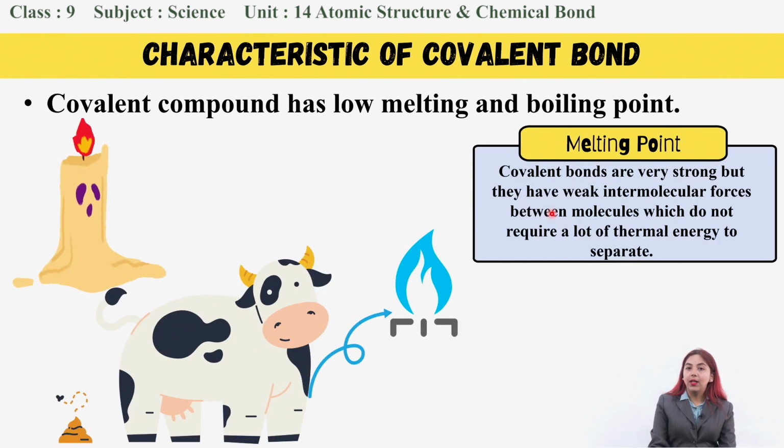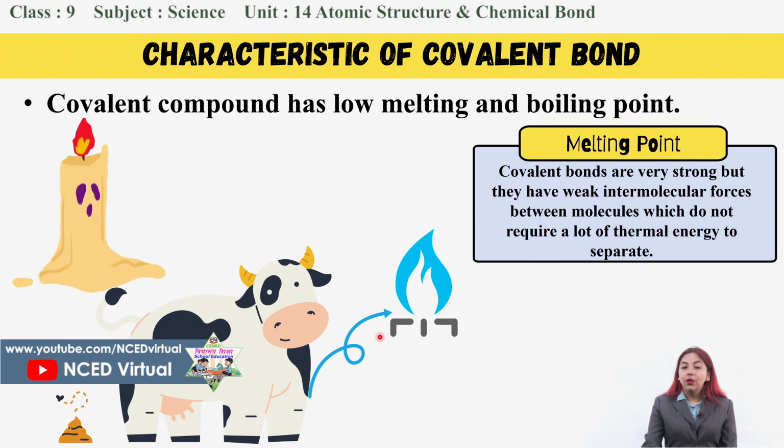For example, when we light a candle, the candle wax melts easily because candle wax is a covalent compound. Due to the heat energy from the flame, the intermolecular force easily dissociates. Hence, the wax melts. Another example of a covalent compound is methane, which is present in high quantity in gobar gas, that is biogas.